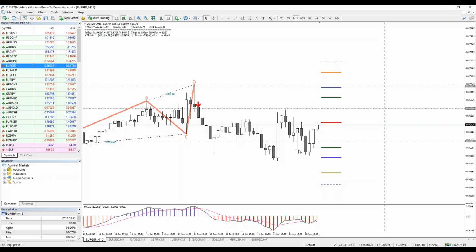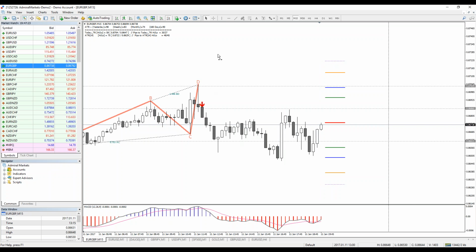I want you to trade like banks do. I don't want you to trade like the rest of retail traders. Because of that, you need to assess each signal as a trader.